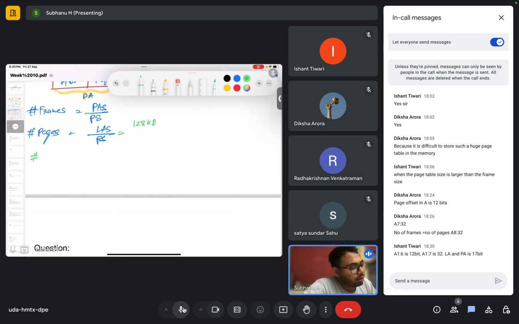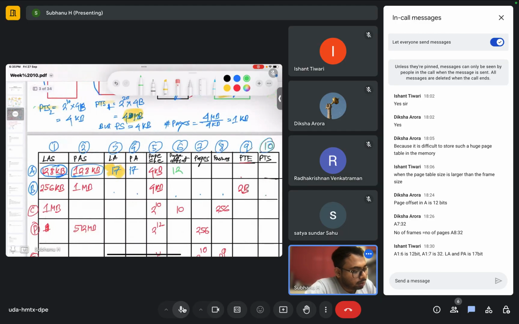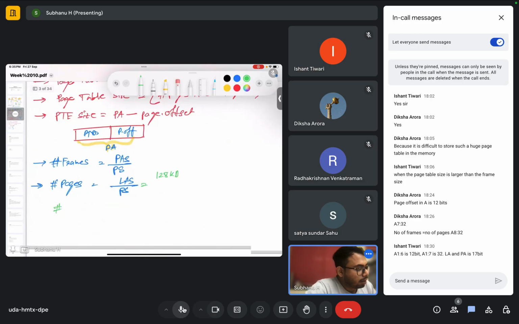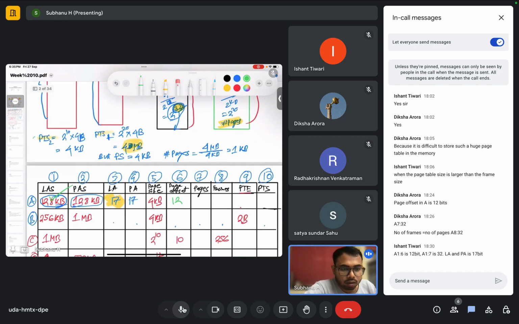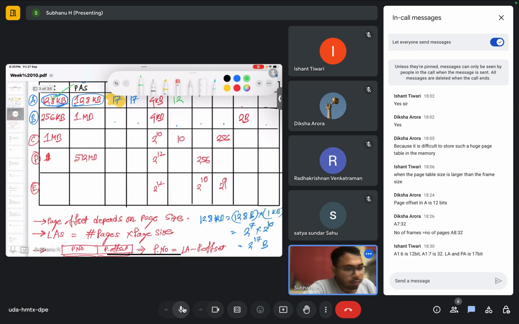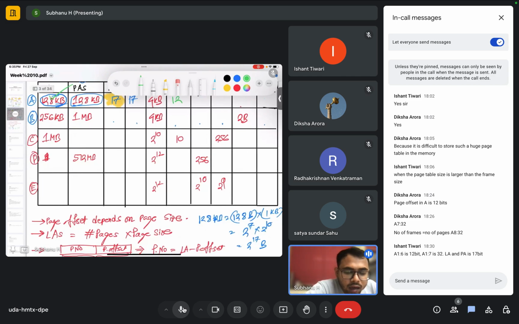So this is the physical address. We know this has page number, page offset, frame number, frame offset.